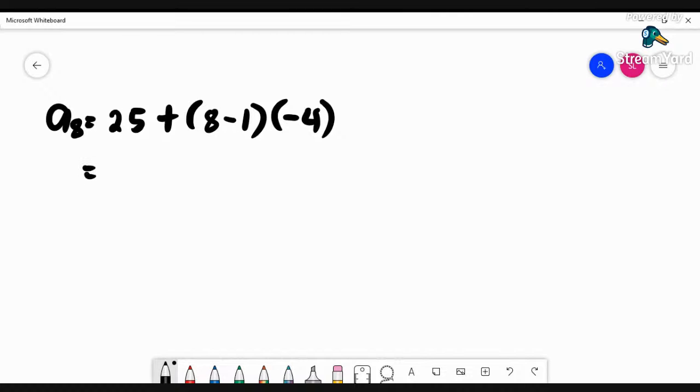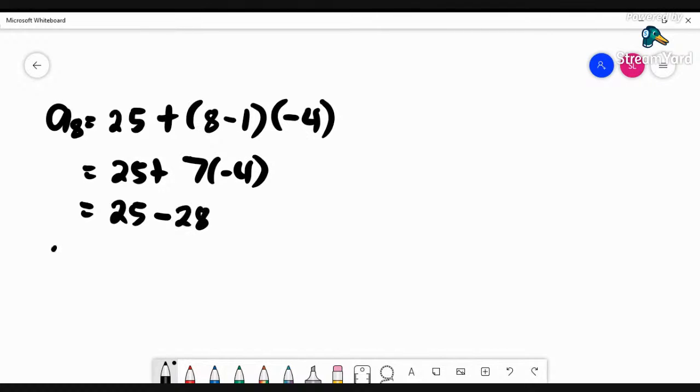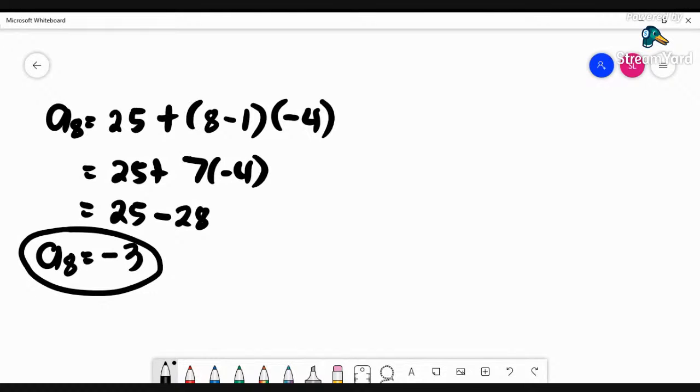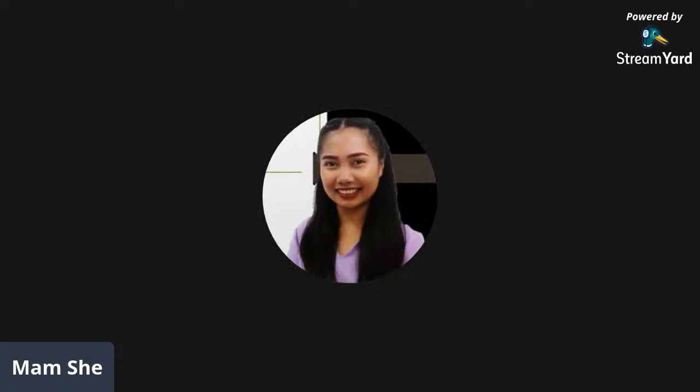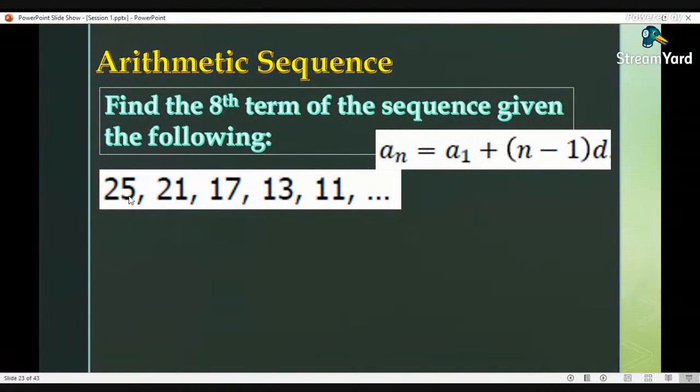So that is 25 plus 7 times negative 4. We get 25 minus 28, so our A sub 8 is equal to negative 3. That will be the eighth term for the sequence, A sub 8 equals negative 3. Let's try to check.